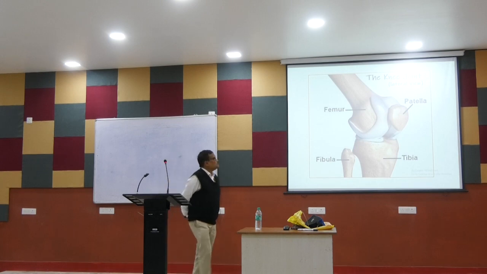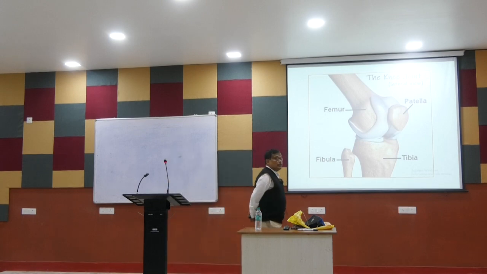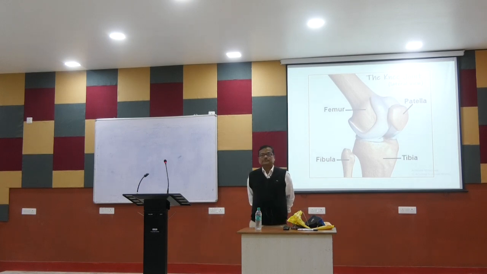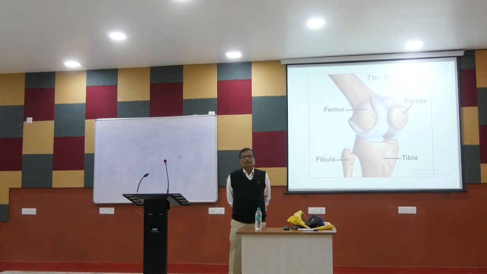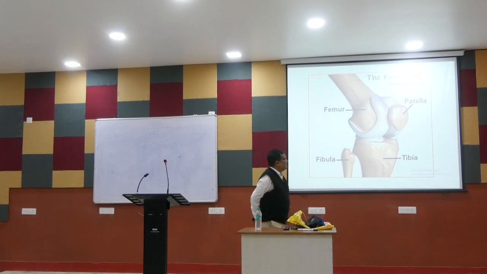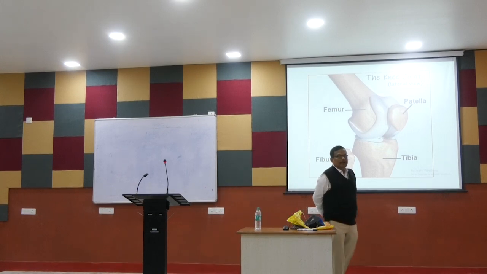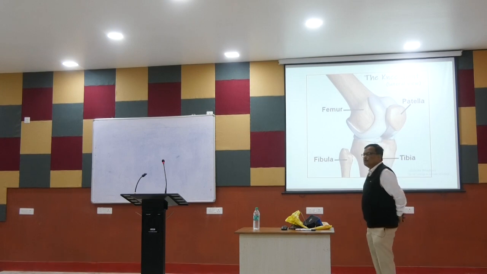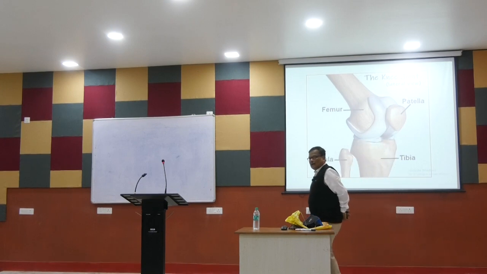You know, knee joint is a joint. I am not talking about the knee joint today, just the structures present around the knee joint. It is a joint along with the lower end of the femur, upper end of the tibia, and also the posterior surface of the patella.